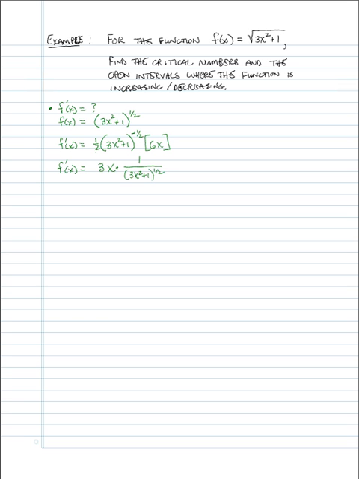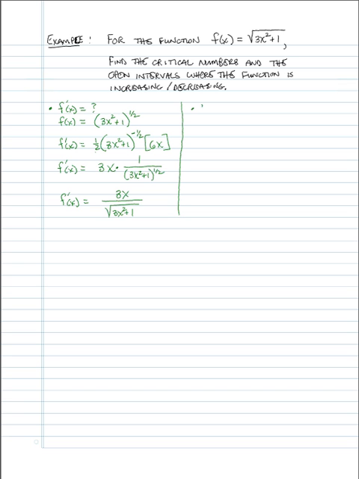But that really means we have a square root in the denominator. So 3x times this fraction will have a 3x in the numerator and a square root of 3x squared plus 1 in the denominator. So there's our derivative. I think to save space, I'm going to come over here now.